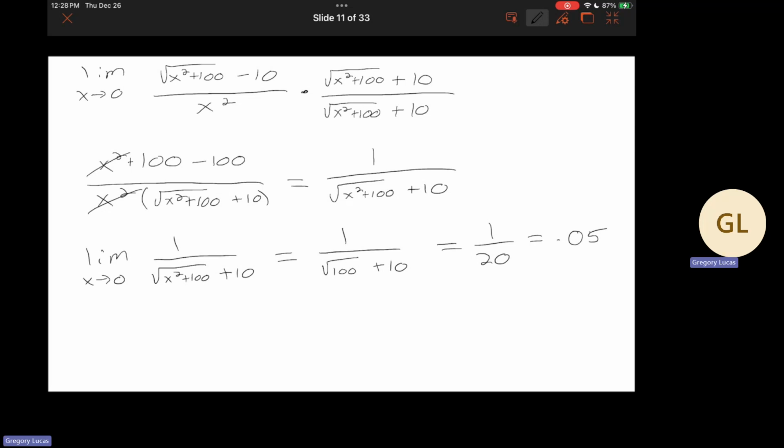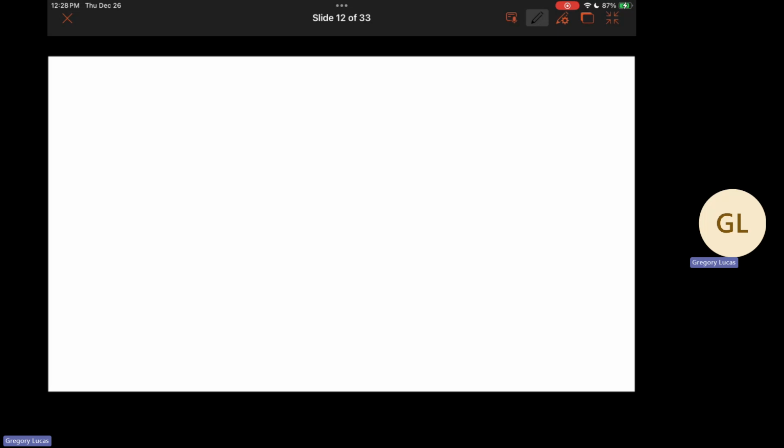Right. So the last exercise we're going to look at today, we're going to use this theorem. The theorem is called the sandwich theorem.